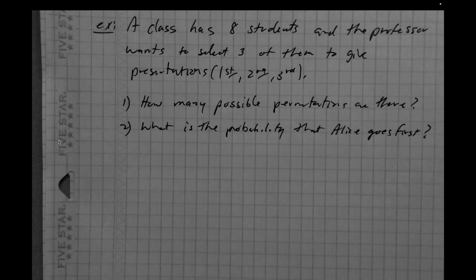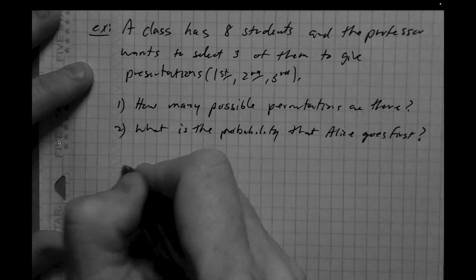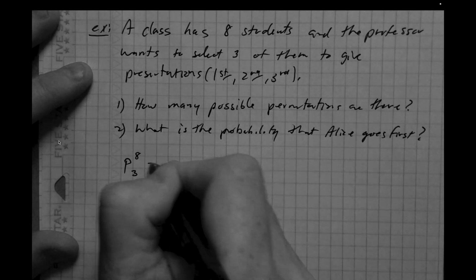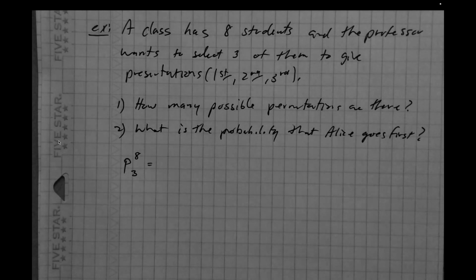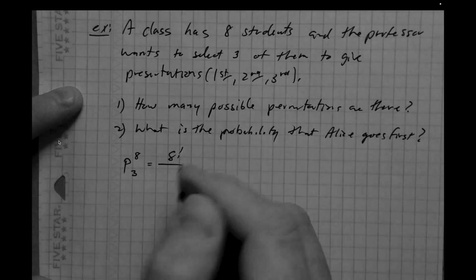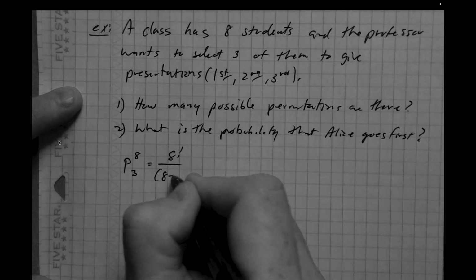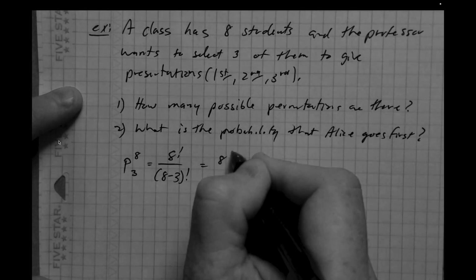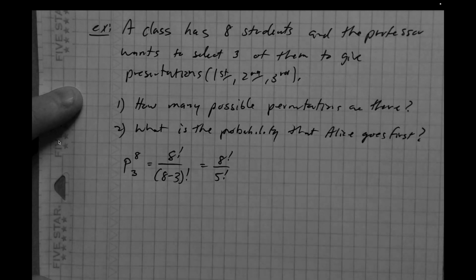Well, the answer to the first question is straightforward. It's P(8,3), right? I've got 8 students. I'm going to do 3 permutations of those 8 students. So that's just 8 factorial over 8 minus 3 factorial. So 8 factorial over 5 factorial.